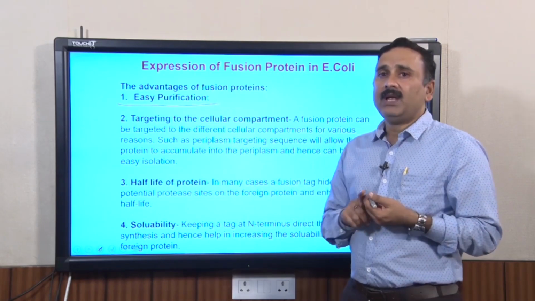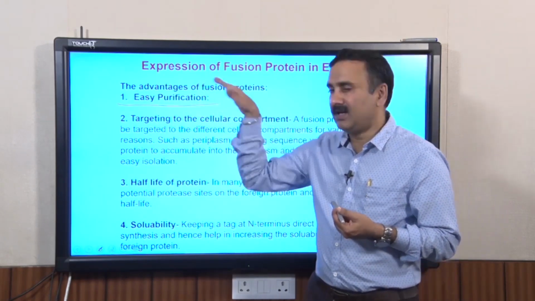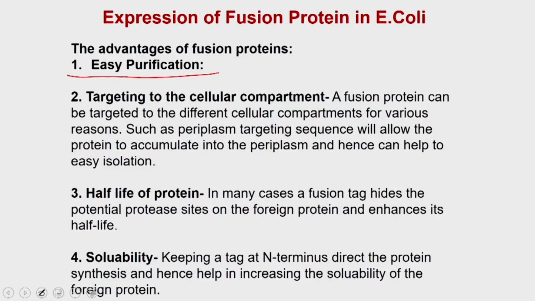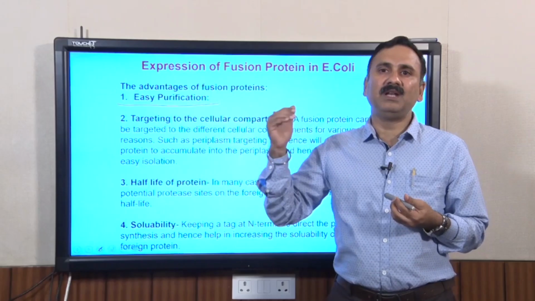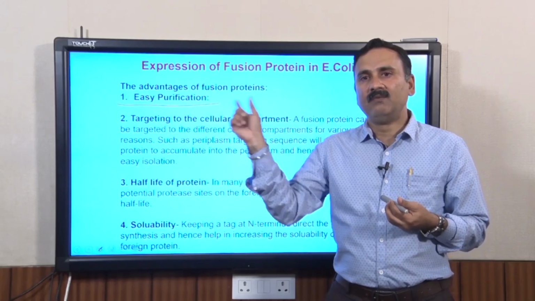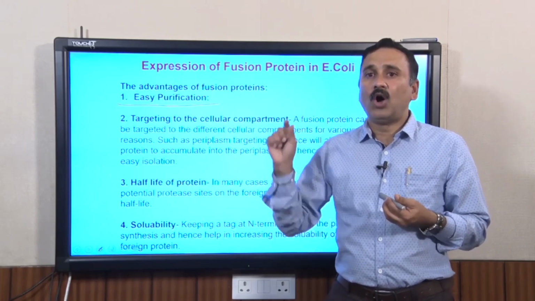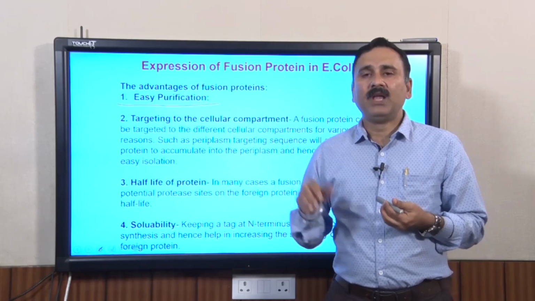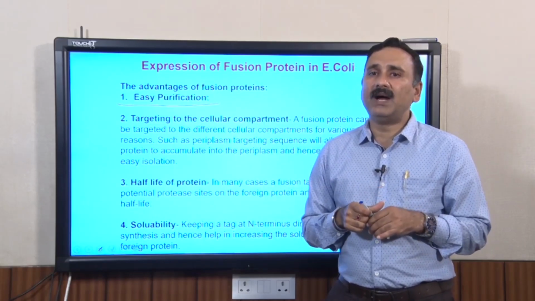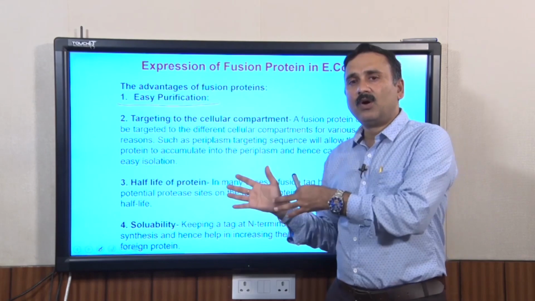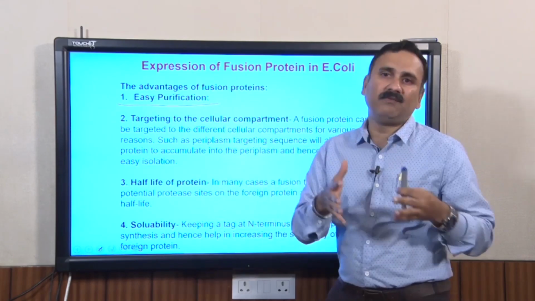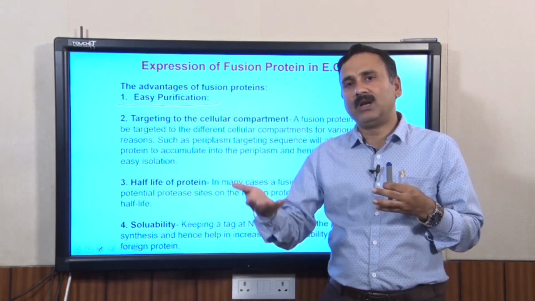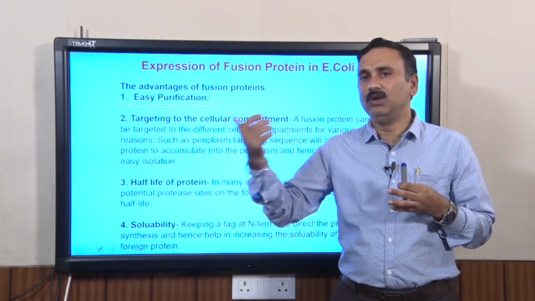Compared to this, with fusion proteins you use affinity columns, and these affinity columns have very exclusive affinity for that particular fusion tag. As a result, when you pass the lysate through the column, all other proteins are not going to bind, whereas your protein will bind because it has a fusion tag, and then you wash the column and elute the protein.